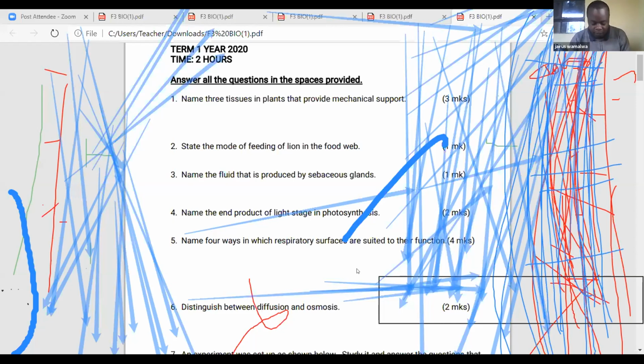First, characteristics of the surface, and one of them we've said, one, that for maximum diffusion of gases, they are highly vascularized.